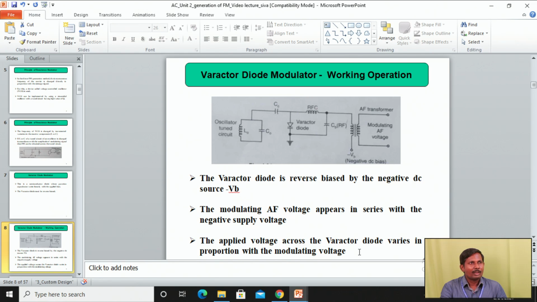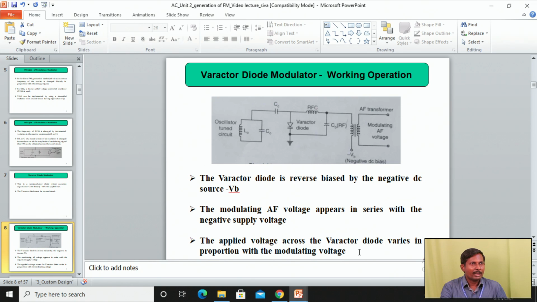Next we go for the working operation of the varactor diode modulator. As we discussed earlier, this circuit consists of a tuned circuit, and we need to apply the negative bias. Look into this circuit.